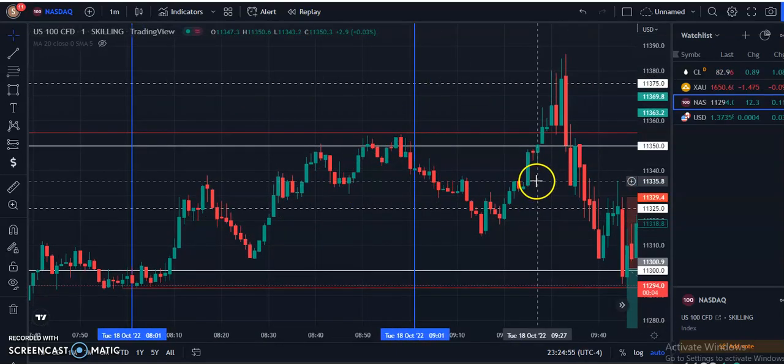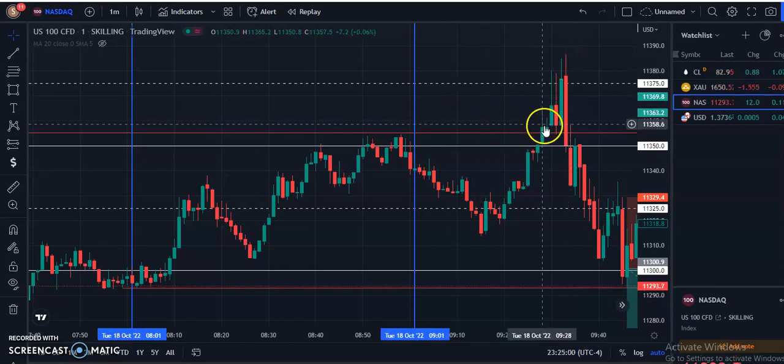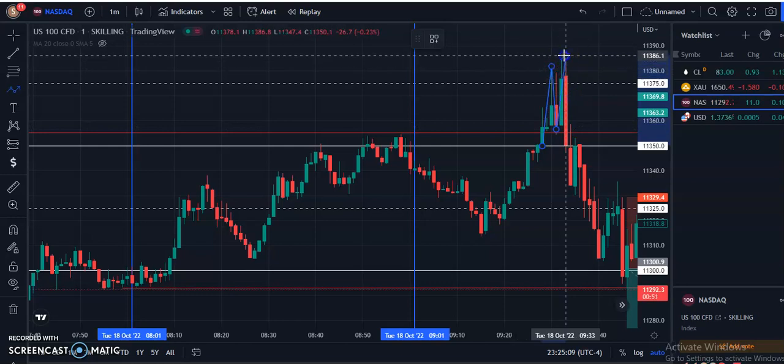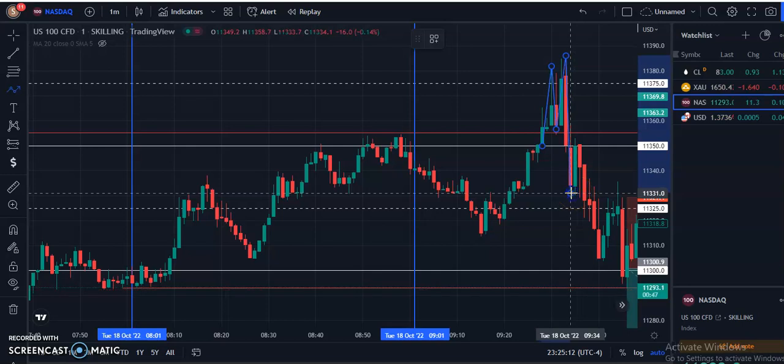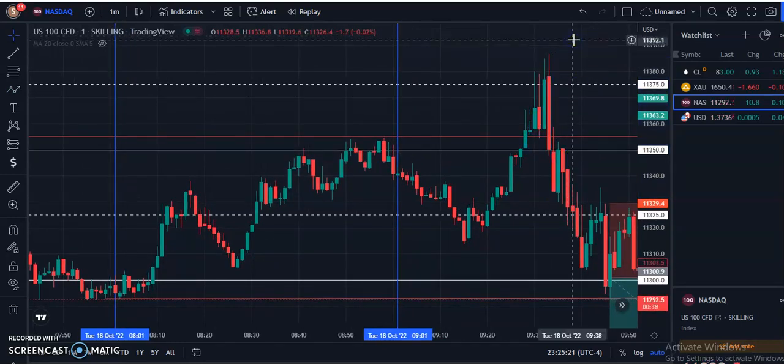The second hour comes back to the high of the session, gives us an M pattern, and then breaks structure. So upon retest, we are looking for an engulfment.